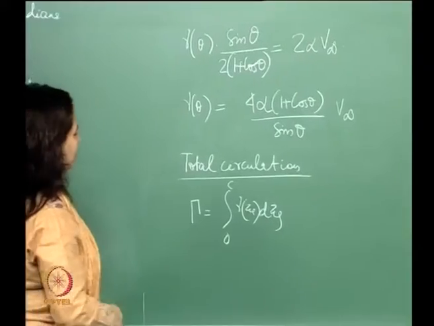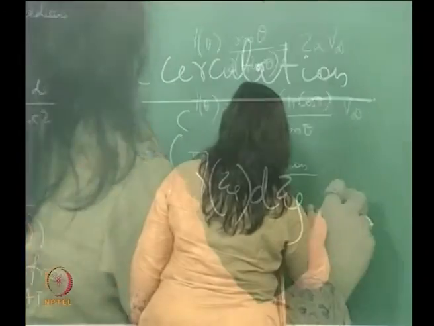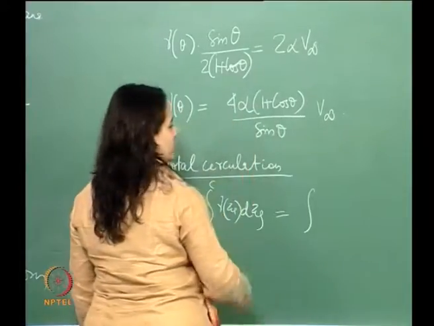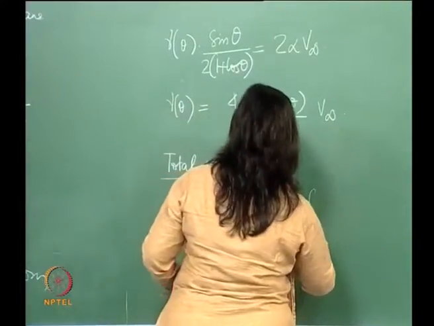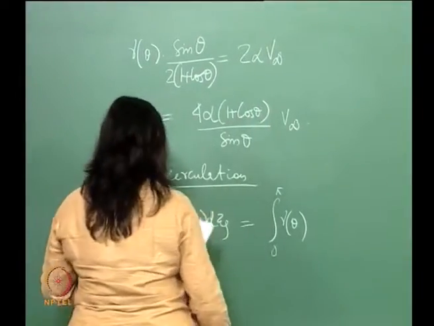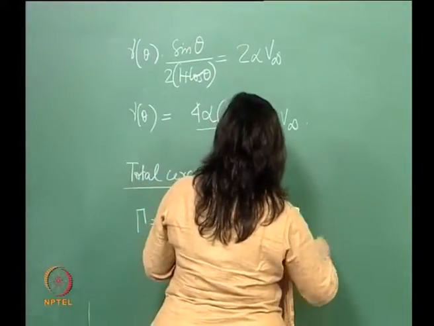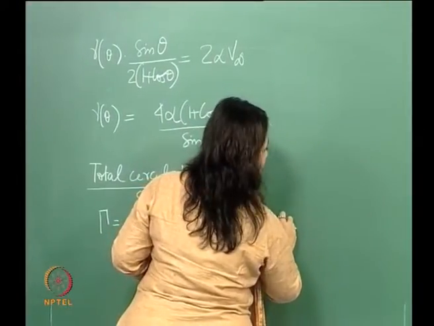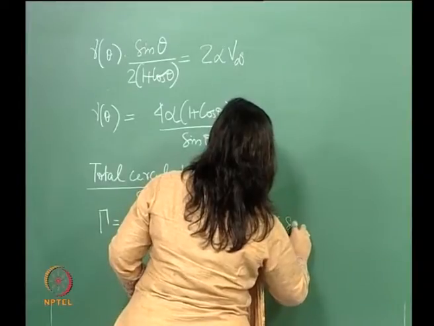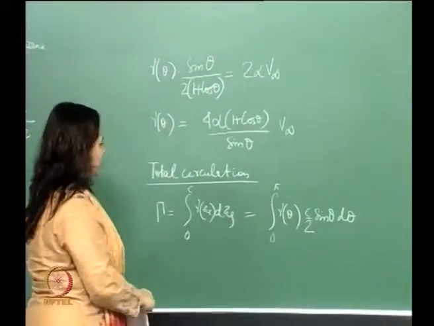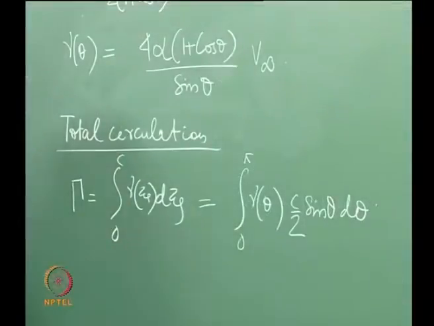We will use the theta coordinates, and we will go from 0 to pi. We will use gamma theta and dz as we have used before, that is c by 2 sin theta d theta. This is the total circulation.